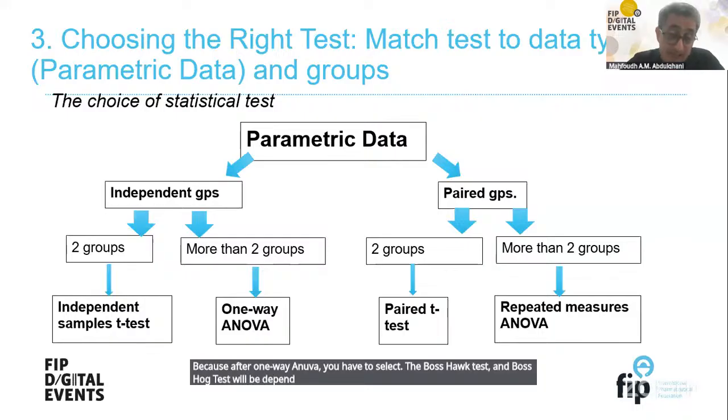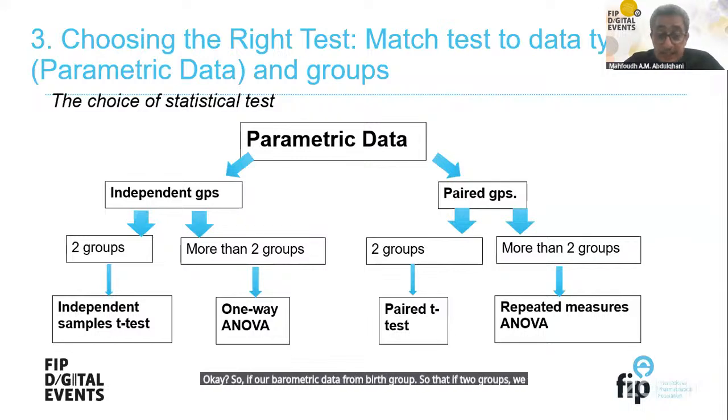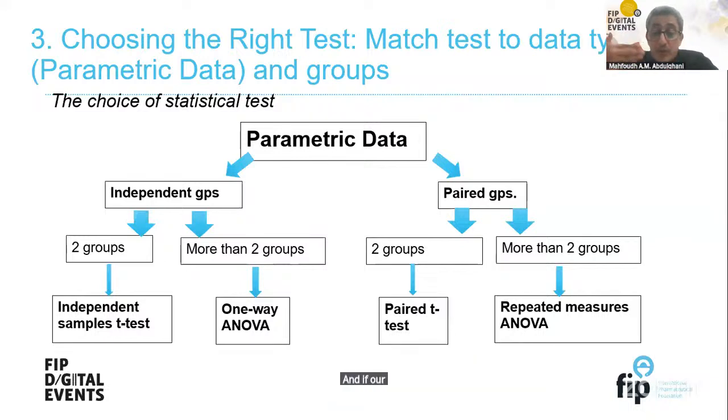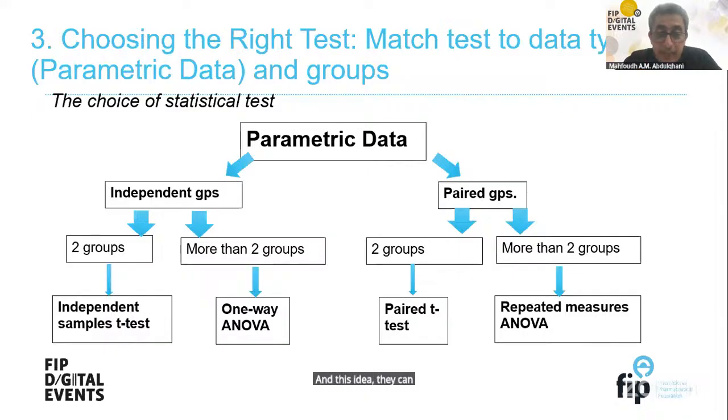Okay, so if our parametric data is from paired groups, if two groups, we take the paired t-test, and if we have more than two groups, then we can go for repeated measures ANOVA. And this gives us the proper way to identify.